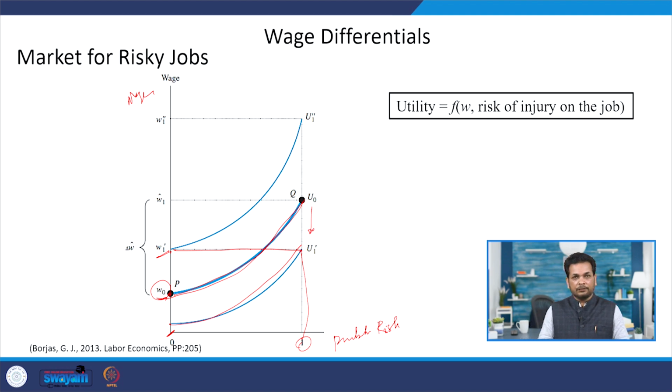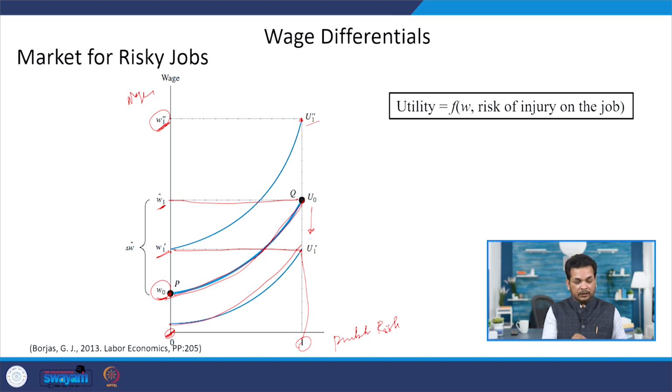Now, if we offer a higher wage rate to the worker, then definitely he is going to be on a higher utility function, and the worker will prefer to get into this job. So, when we offer W0, he goes with the safe job. When we offer the higher wage, he goes into the risky job, and if we offer him a wage rate in between, then the worker becomes indifferent.